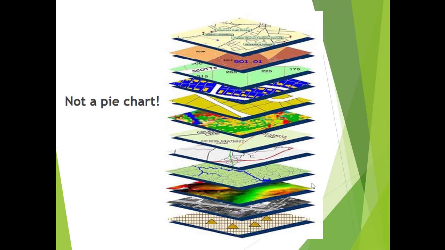Okay, this is what I breathe, what I dream about, what I try to deliver in passion to you guys. This is not a pie chart. This is Earth and complex elements of Earth in slices and dices, or what we call layers. Any of those layers has some significant information associated with it. Could be just locations. Could be an ortho image, background image.